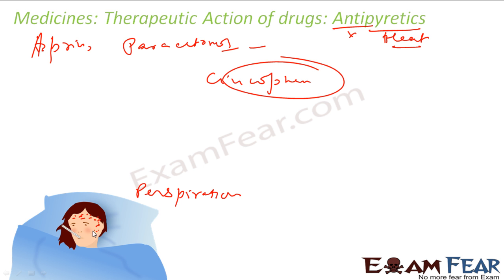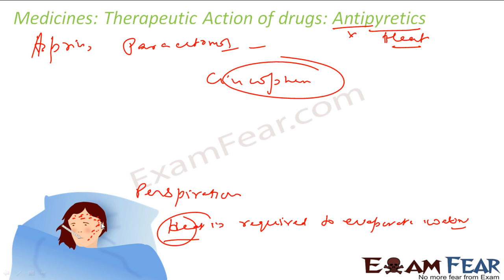So heat is required to evaporate water from the body. And from where do you get the heat? The body temperature is nothing but the heat used. Since the heat is used, the temperature goes down. The hotness of the body is used to evaporate the water from the body, and thus the temperature goes down.